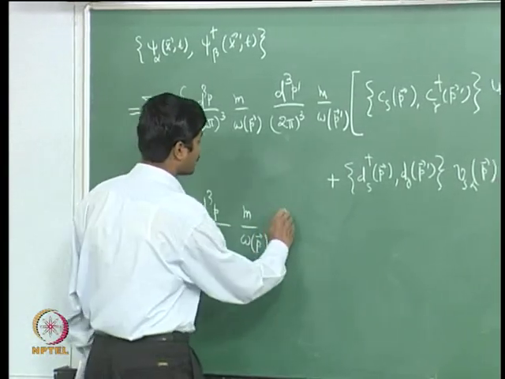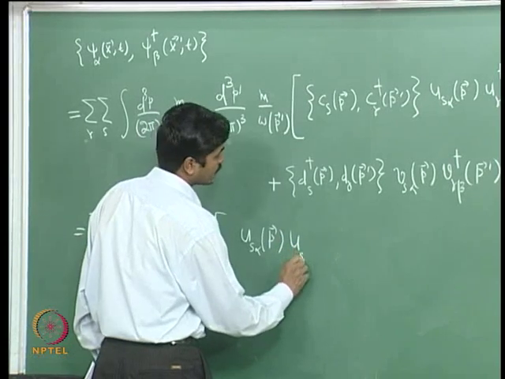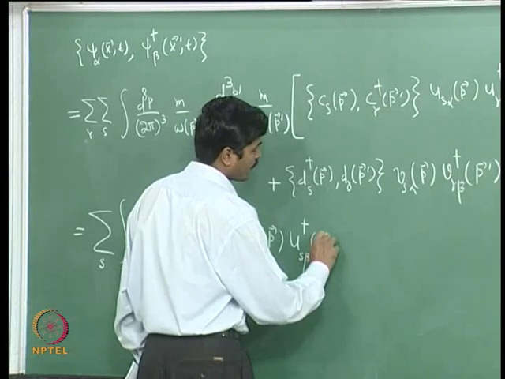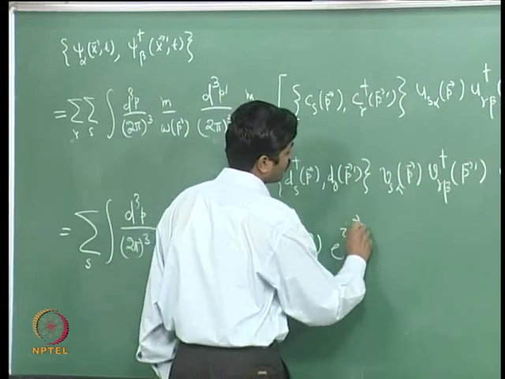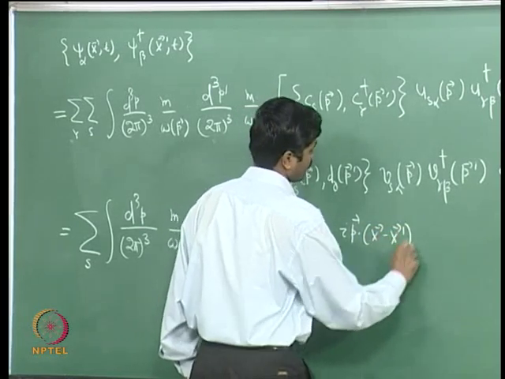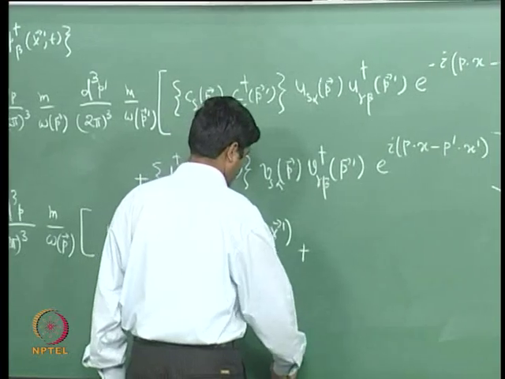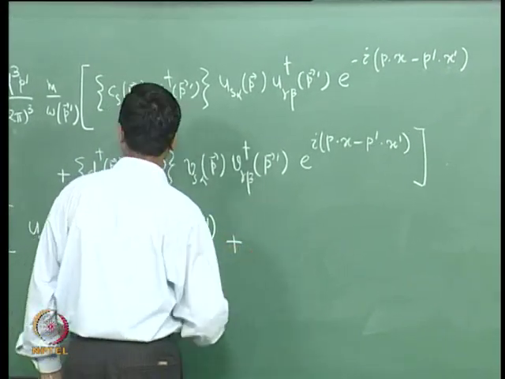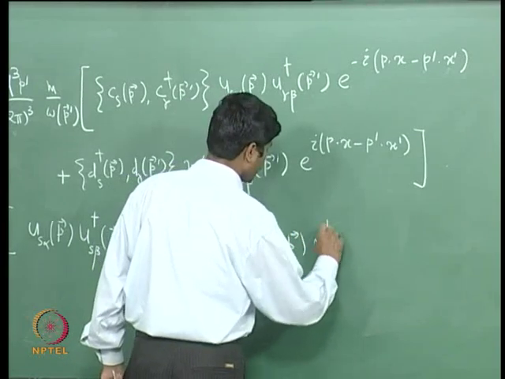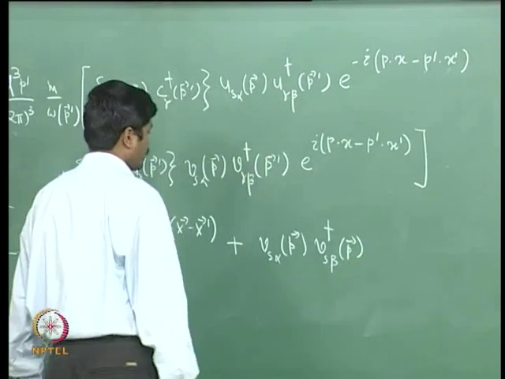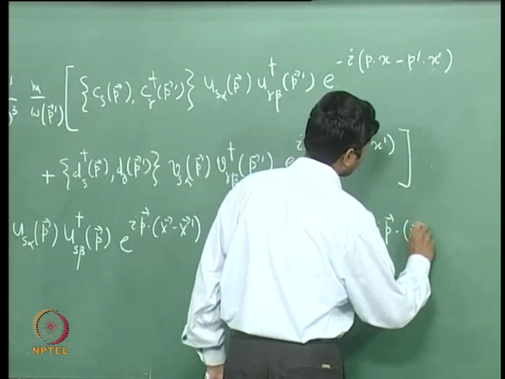Finally, what we will be left with is u s alpha of p, u s beta dagger of p, again because of the integration over p prime, and then e to the power I p dot x minus x prime, whereas in the second term I will have a plus v s alpha of p, v s beta dagger of p, e to the power minus I p dot x minus x prime.